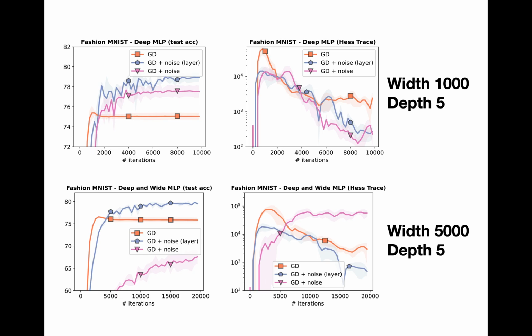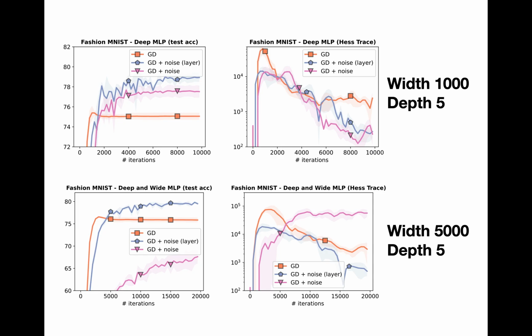This can also be observed in deeper networks, also taking into account the effect of width. If you have a wider network, gradient descent plus simple noise injection inside the gradient performs quite badly. But if you inject the noise layer-wise, then the effect boosts test performance.